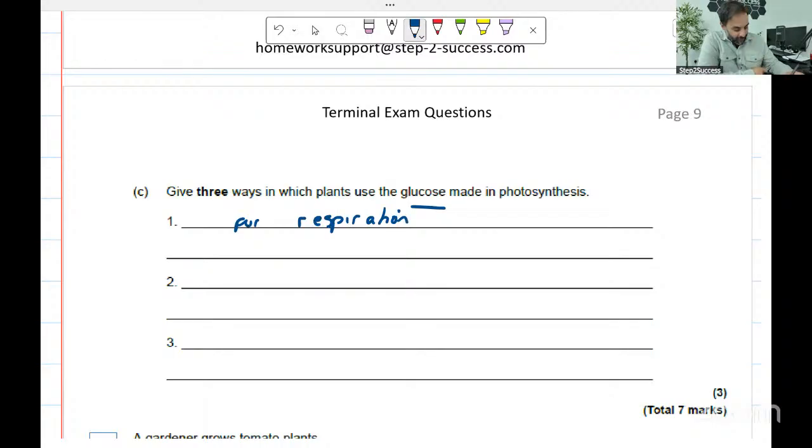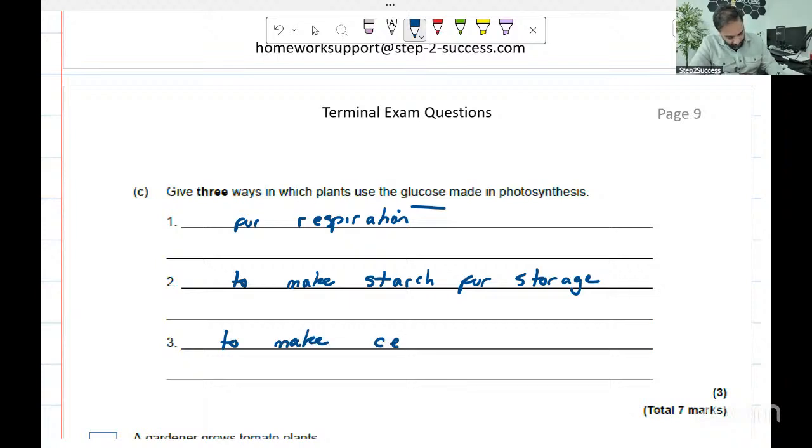It is also used to make starch for storage, and it is also used to make cellulose, which is what the cell walls are made of. There are other answers to the question, but I think these are the easiest ones to remember.